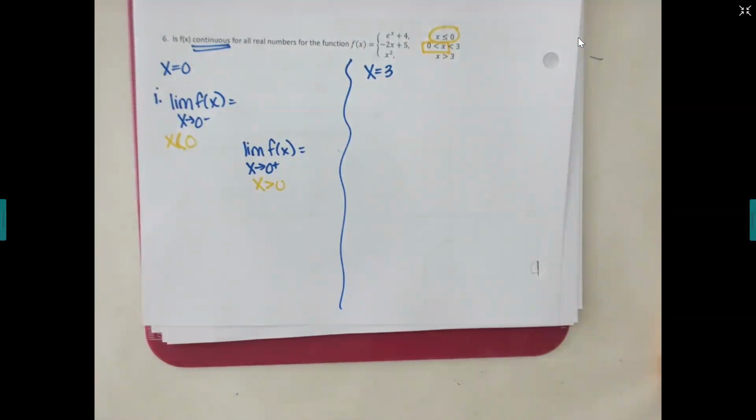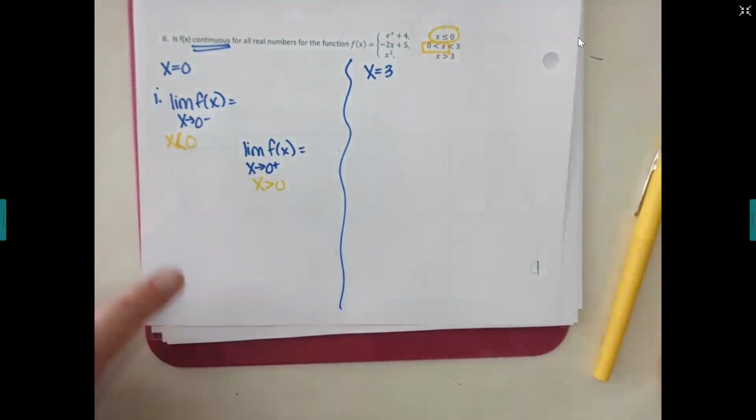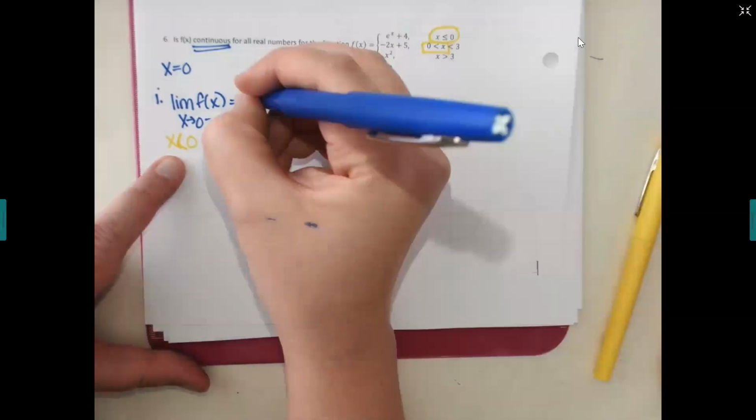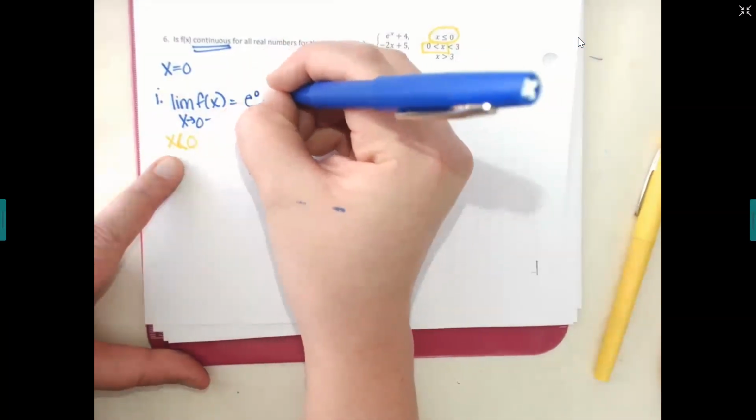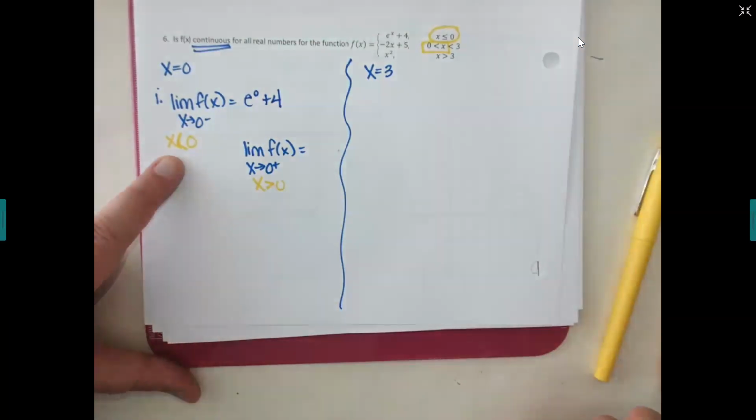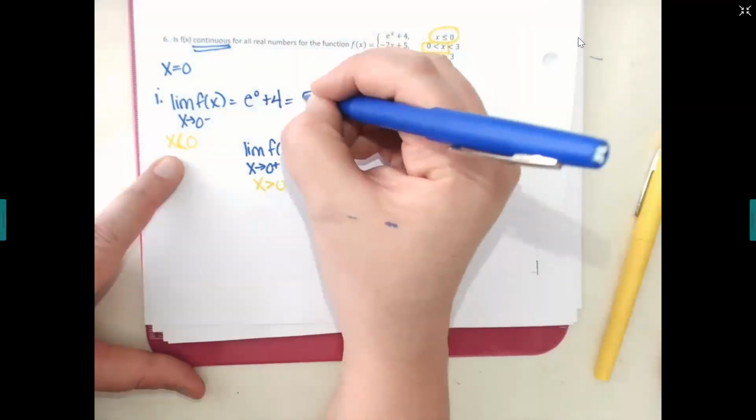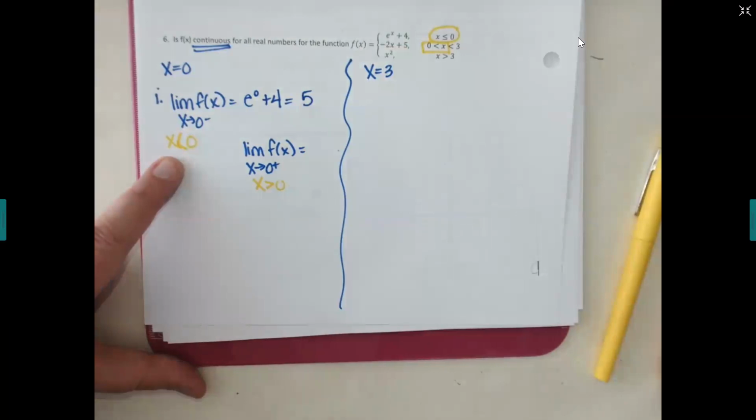Okay, so go ahead and plug into both pieces. See if they come out to match. For my x less than 0, we're doing e to the 0 plus 4. What does that come out to be? What number? It's going to be 5 total, because remember, anything to the 0 is a 1.